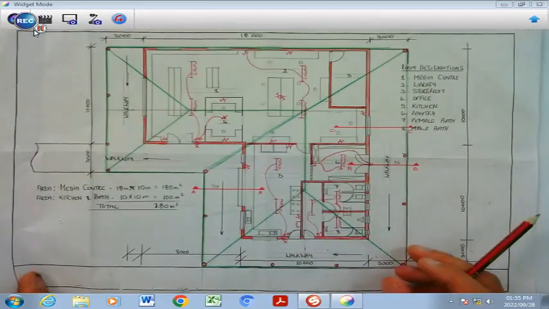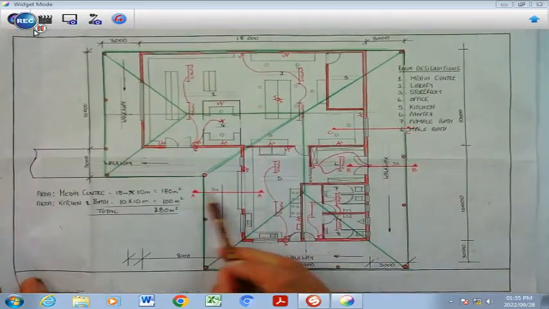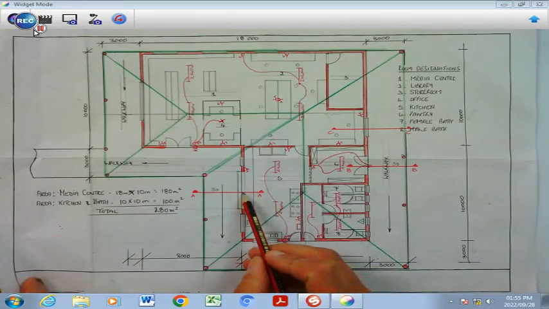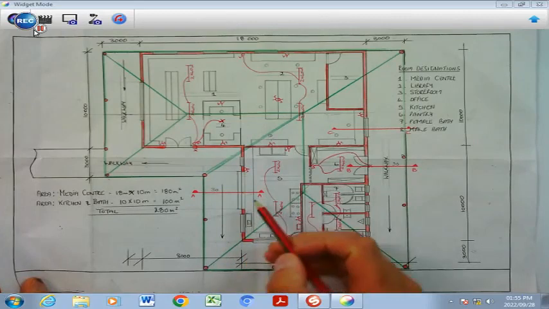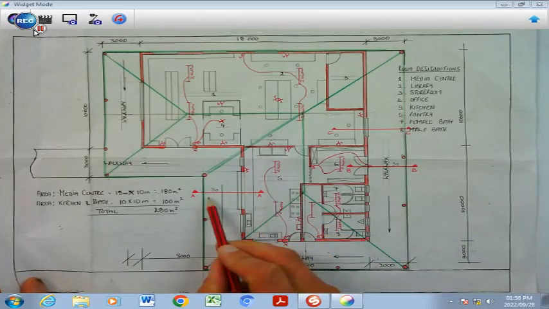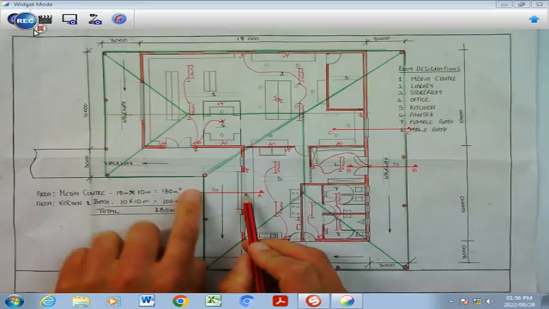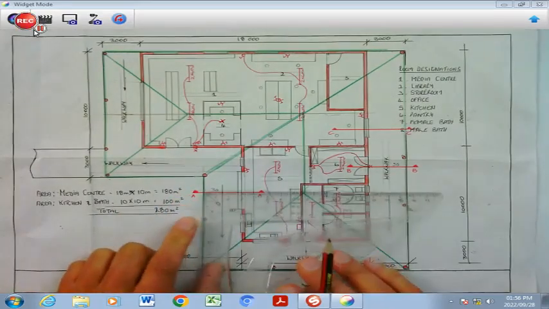Now, if you look at our floor plan that we have, and we're going to draw the left side first, that is through the hatch. So what we need to do is that we're going to measure literally from here to there what it is.